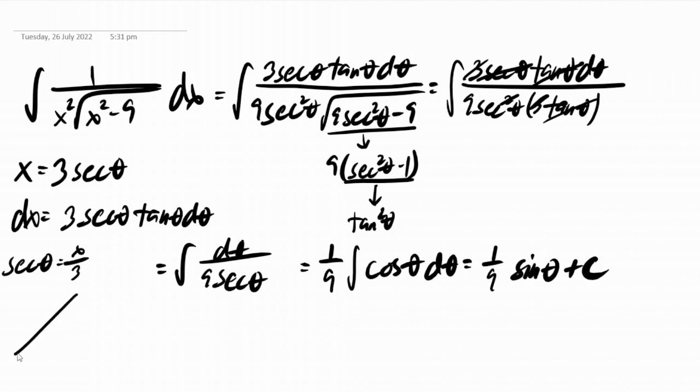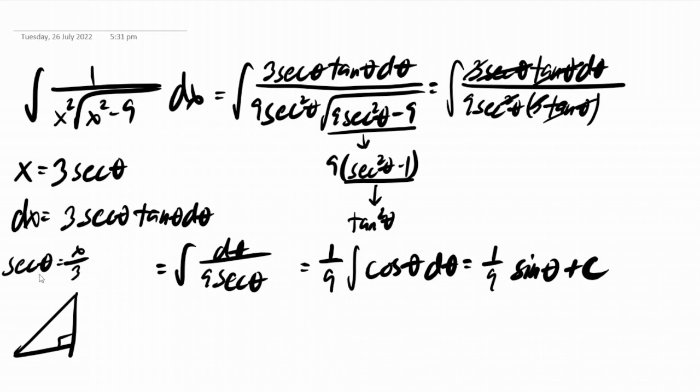Using the Pythagorean theorem, we have a right triangle here. Secant theta is 1 over cosine theta in the trigonometric identities, right? And cosine is equal to adjacent over hypotenuse.